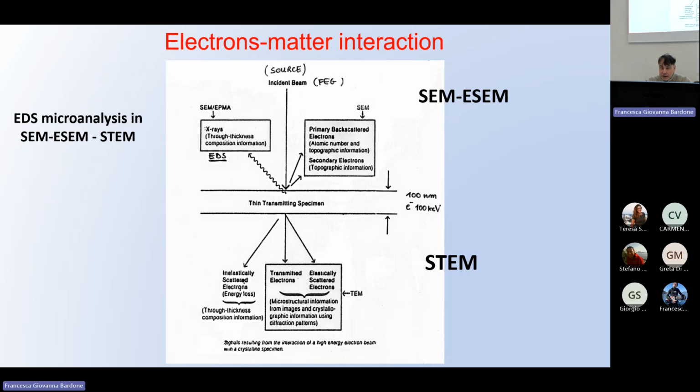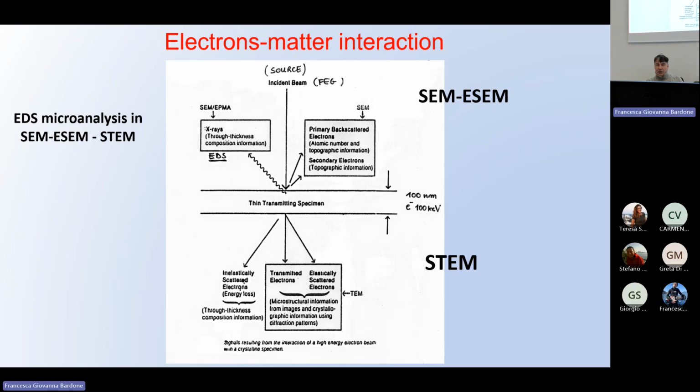If you prepare the specimen this way, you have the possibility to have electrons which are transmitted. And which kind of electron could be transmitted? What could happen to an electron when it passes through? You can have three different types of signal.